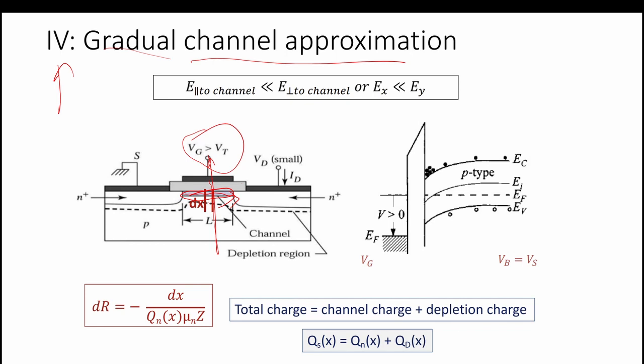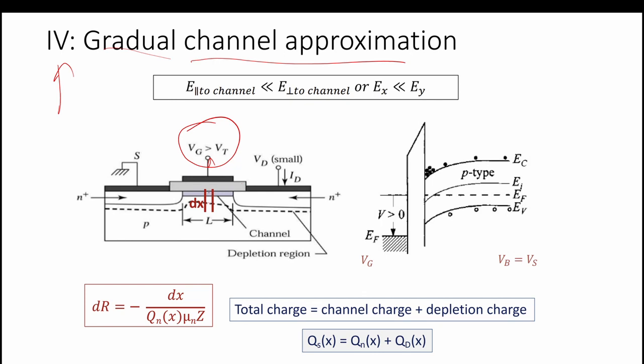Now in the channel, we have applied a gate bias which is greater than the threshold voltage.